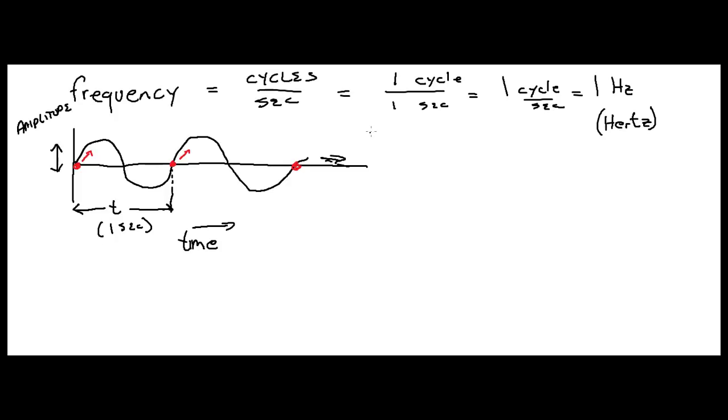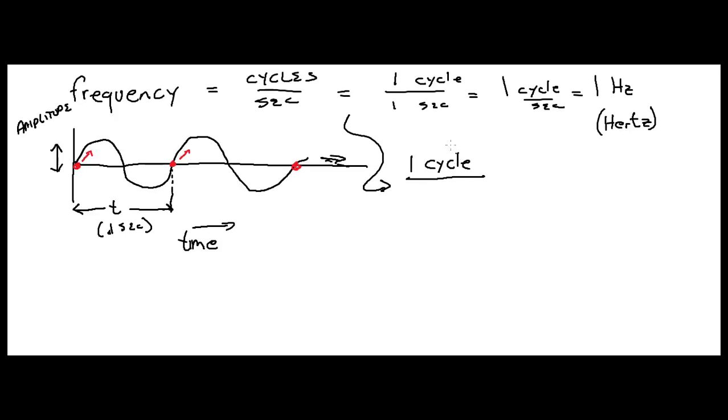So what's going to happen if, instead of 1 second, suppose this was 0.1 second? What's it going to be then? Well, let's go through the same thought process, right? Let's just bring it right down over here. It's going to be one cycle, still the same number of cycles. That hasn't changed, right?